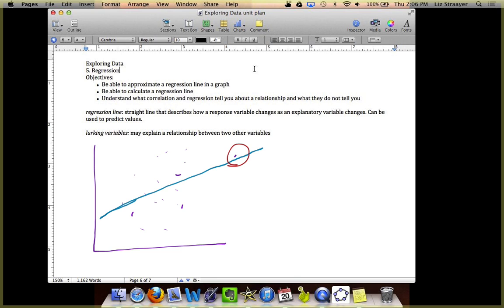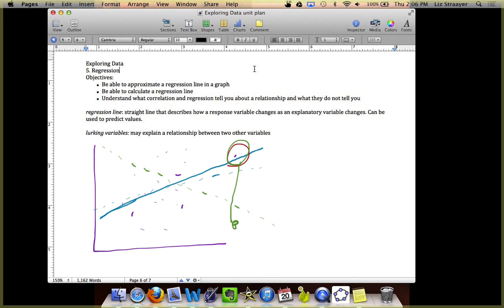If we take that out, then this regression line moves a little bit, and it becomes a little bit lower. So that point was pulling that regression line up a little bit. It didn't make a huge change, just a little bit of a change. If we take this outlier and make it a crazy outlier, like move it all the way down here, it will actually change the direction of the regression line.